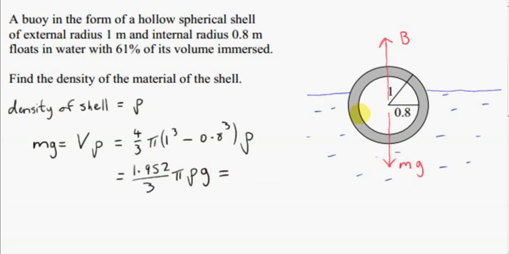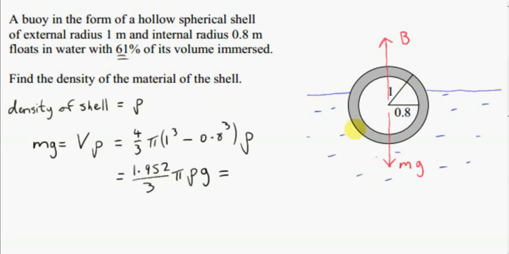Now, we can apply the law of flotation, which says that the weight of the floating object equals the weight of the liquid displaced by the floating object. So, to get the weight of the liquid displaced, we need the volume of the liquid displaced. Well, that's equal to the volume of the immersed part of the sphere, which is actually 61% of the sphere.